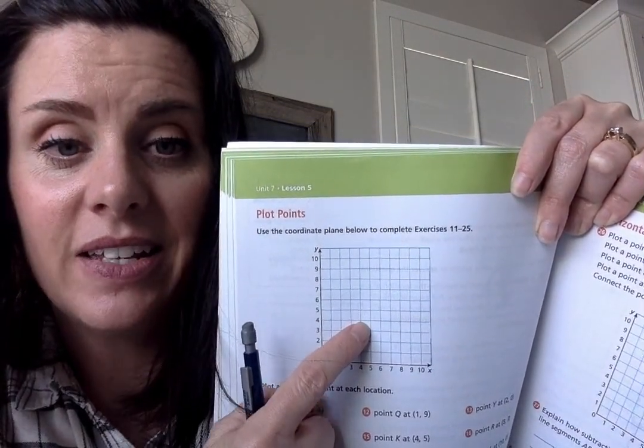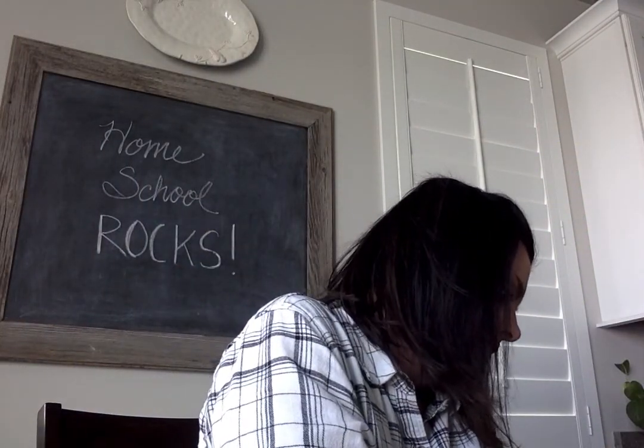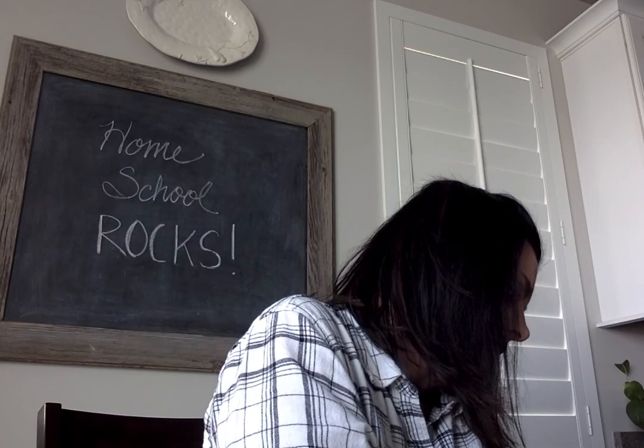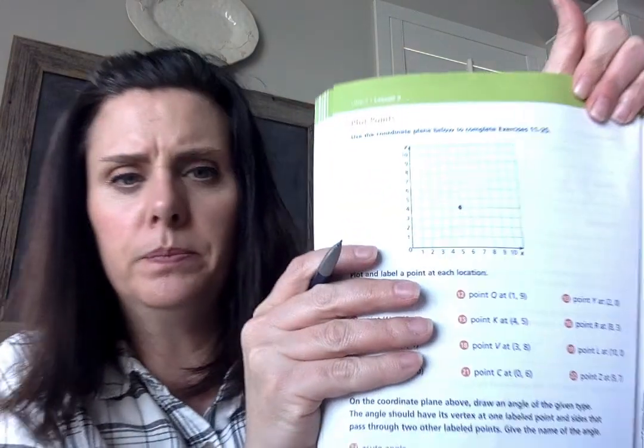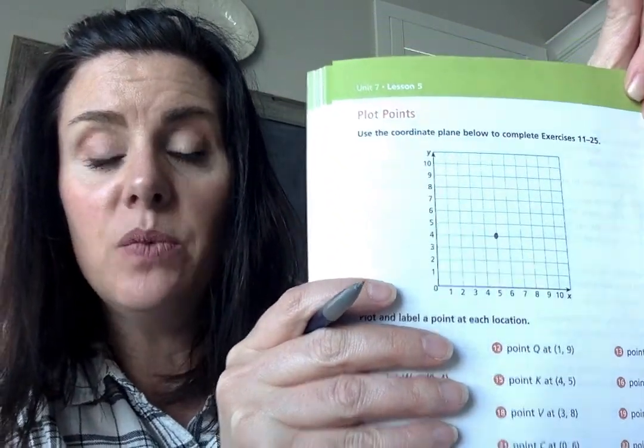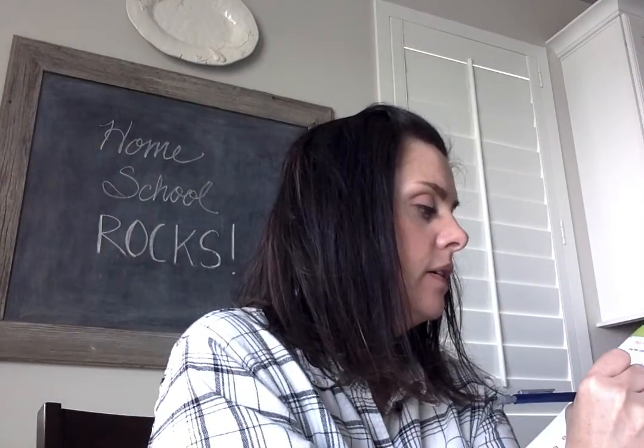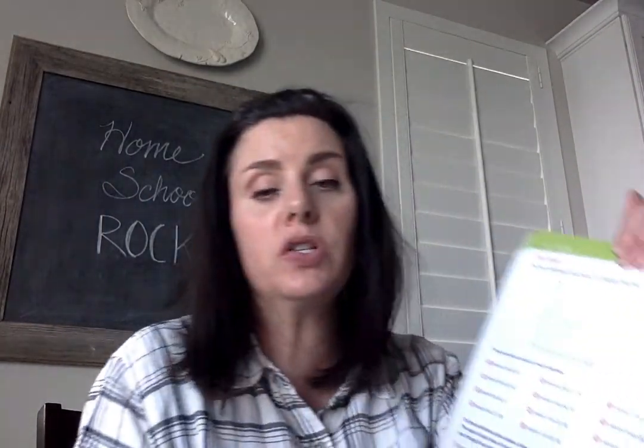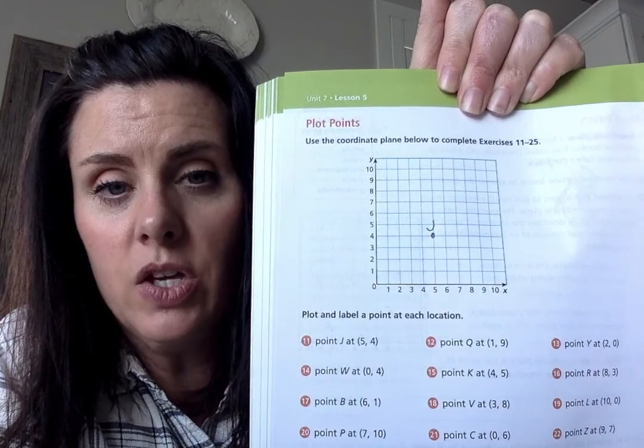And that is our J. So put a dot right there, like that. Okay, and then we need to label that with a J, because it tells us in our instructions that it's point J. So we need to label that.